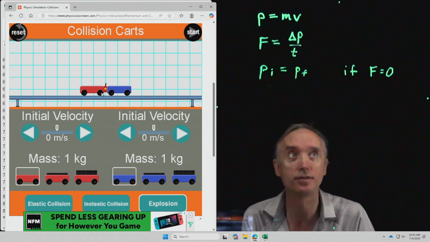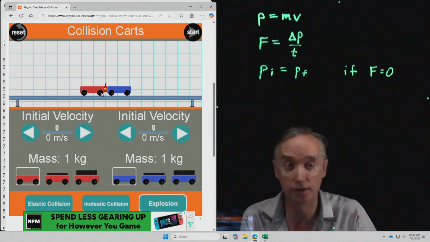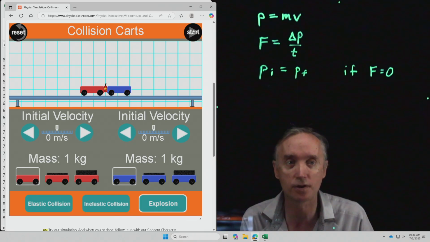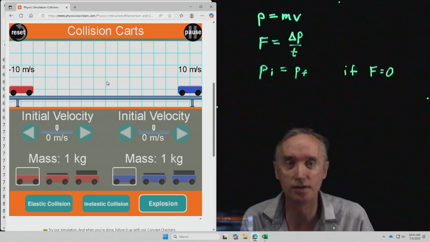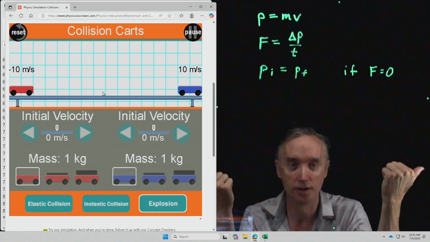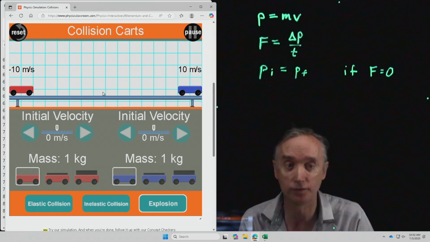Because I said that the force has to equal 0 in order to have conservation of momentum. And you would be saying, but if I click the start button here, there was definitely a force because that force pushed them apart. So if there's a force, how can momentum be conserved?